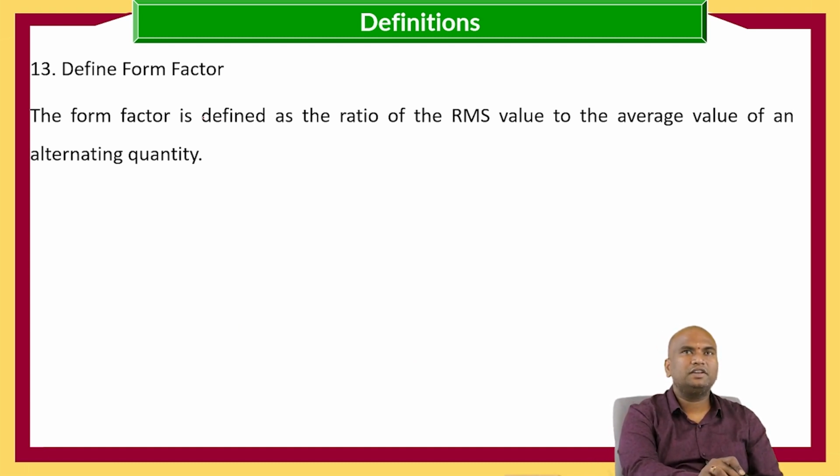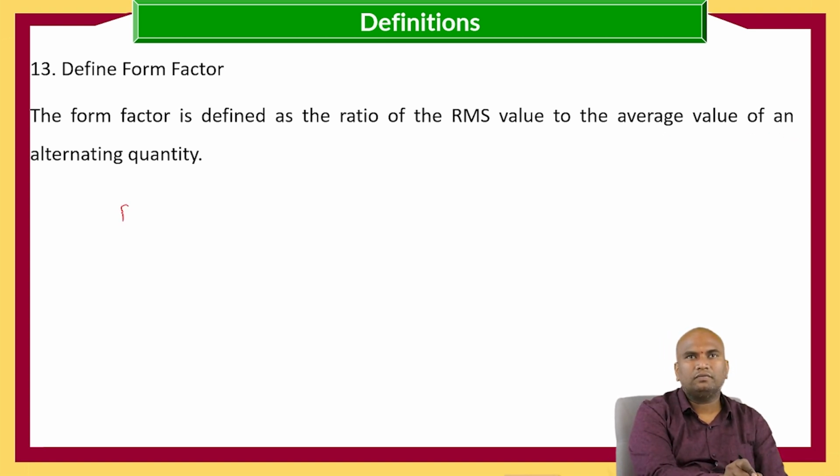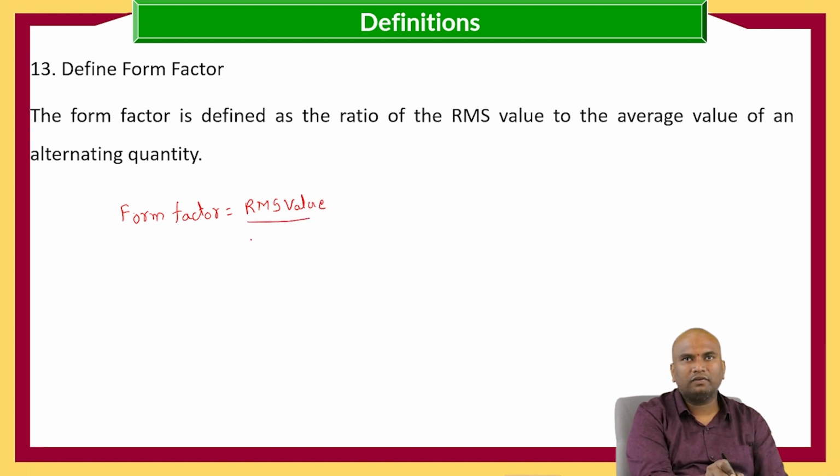The next one is define form factor. Form factor is defined as the ratio of RMS value to the average value of an alternating quantity. Form factor is equal to the RMS value divided by the average value.